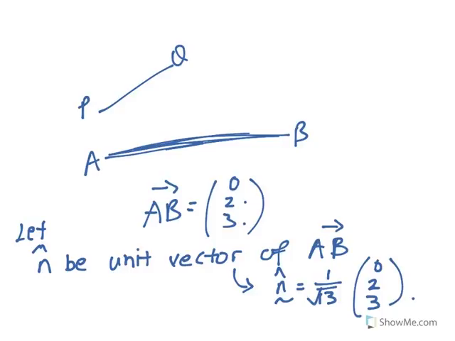Next we want to find the vector component of PQ that's parallel to AB.